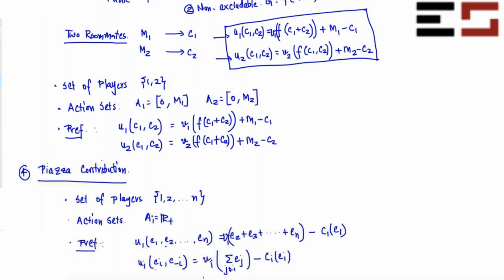Is that clear? That's how you can write the payoff of player i. This is the utility of player i. Is that clear to everyone?